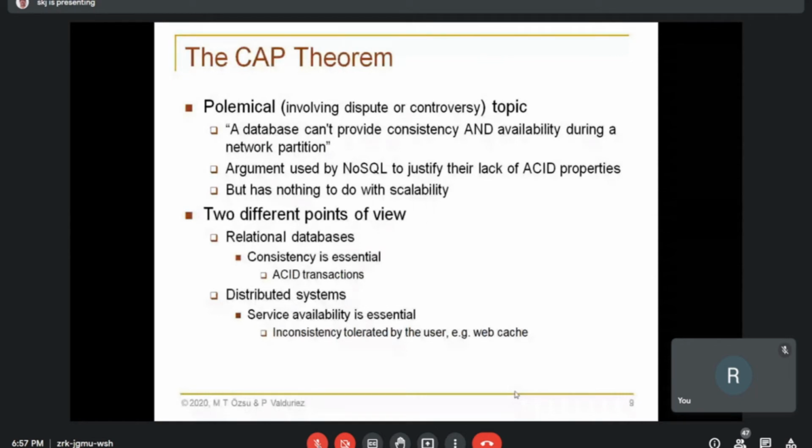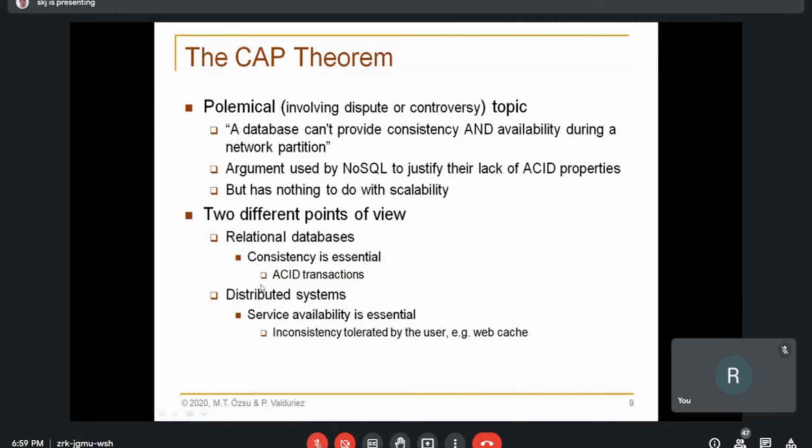So NoSQL data stores have this kind of argument, but it has nothing to do with scalability. Scalability is a different thing. Today the hardware cost is less, so we have cheaper nodes available, and one will always argue in support of a cheaper product. These are two different points of view: the relational database and the distributed database.